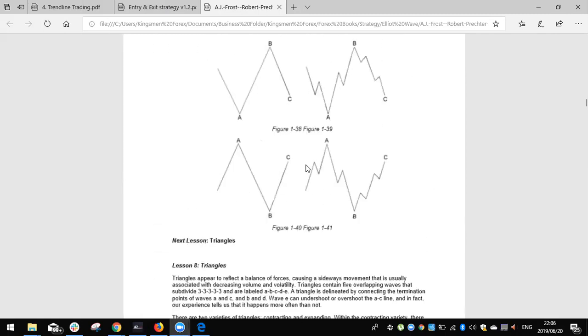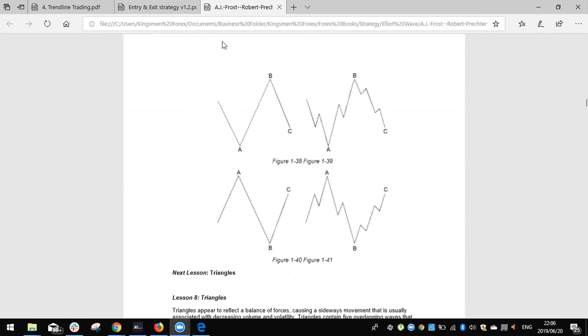Still expanding flats. This one is a running flat. This one is usually tricky for myself and most traders, because you can see price is correcting in the direction of the trend.